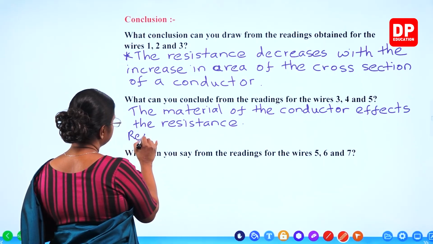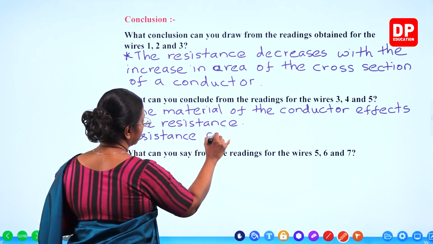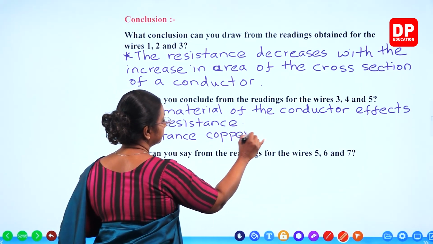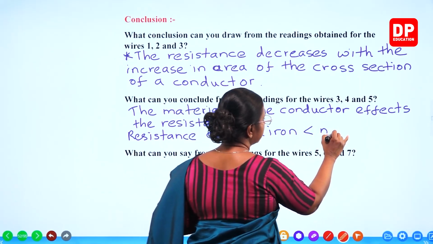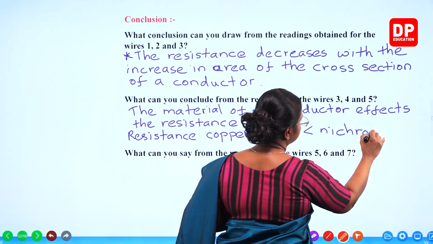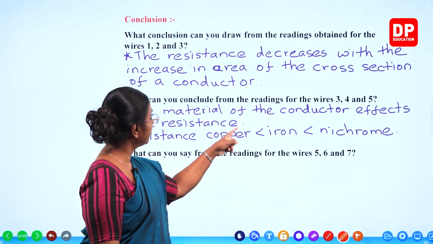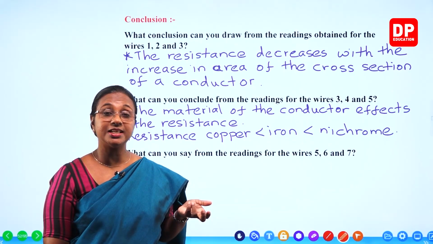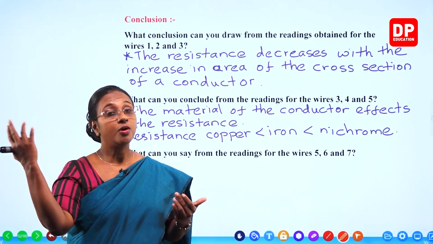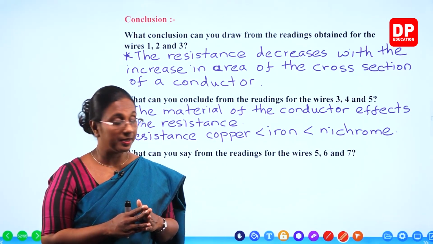So resistance: copper, iron and nichrome. So this is the reason we mostly use copper as the conducting wire in the household circuits. You all know at home all the current wires usually are made up of copper.